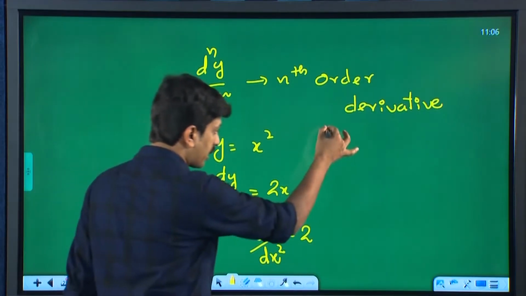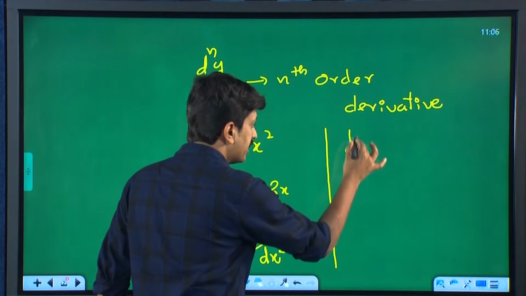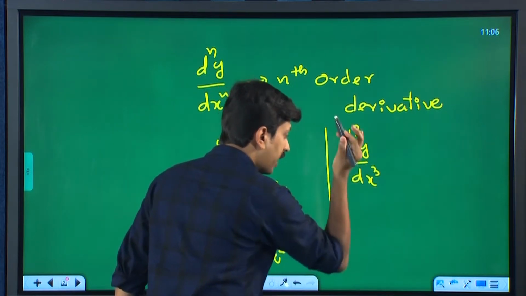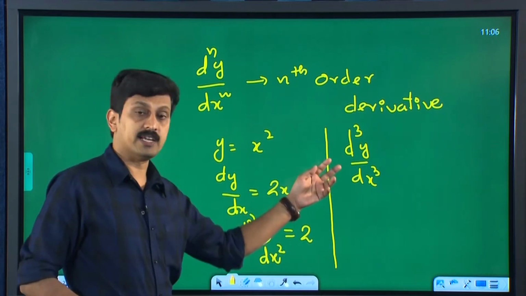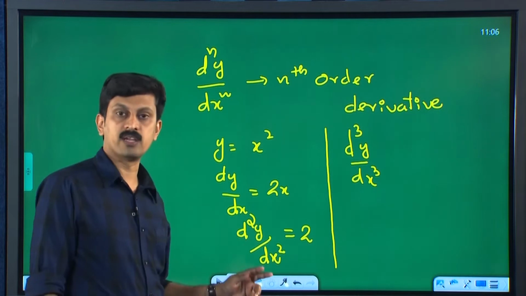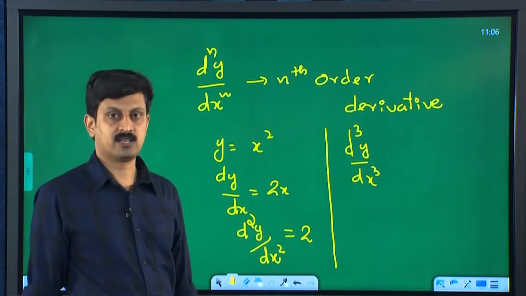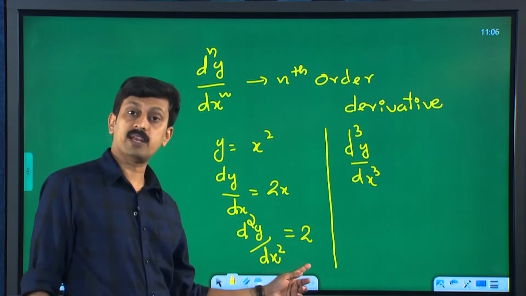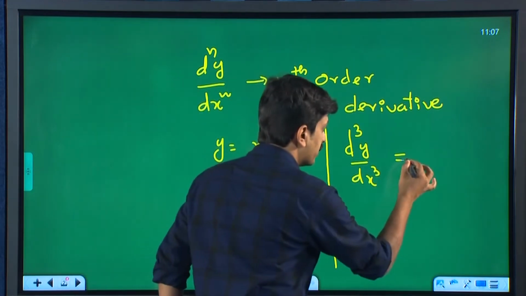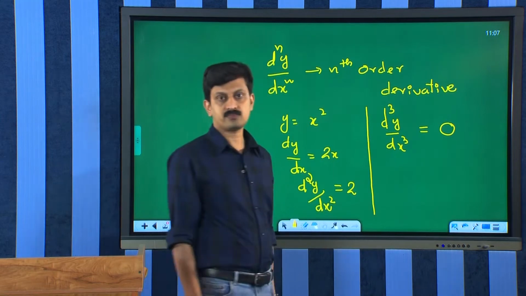Now we can calculate d cube y by dx cube. While evaluating d cube y by dx cube, we differentiate d square y by dx square again with respect to x. But here d square y by dx square is a constant, whose derivative is equal to 0.